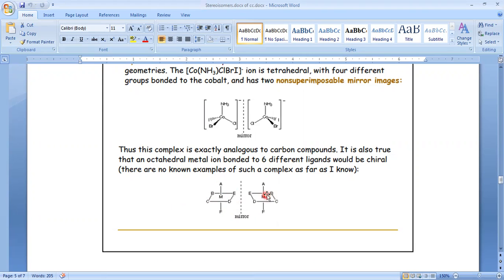AF will remain the same, and ED is oriented on the right hand side in the first molecule, while in the mirror image they are on the left hand side. If you place one on the other, they are not superimposable. So these two are enantiomers. Here we have MABCDEF, which means all six monodentate ligands are different.